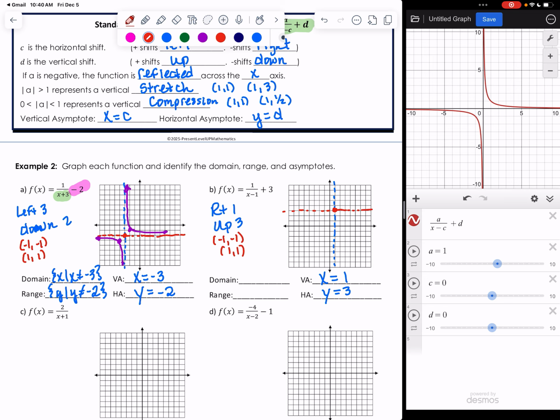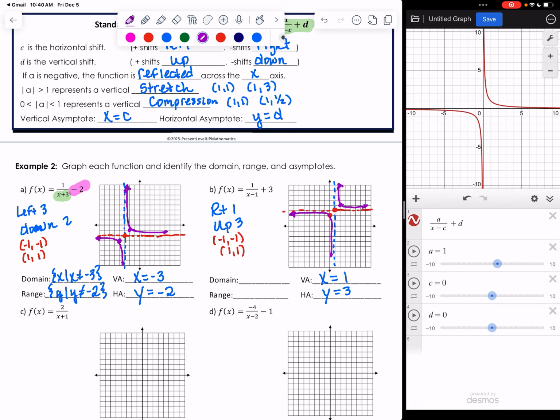So from that new 0, 0, I'll go left 1, down 1, and that's where my new branch is going to curve. So when I curve it, it'll curve towards this vertical line on the right and this horizontal line on the top. Now I'm going to get my other branch. So go back to my new 0, 0 and go right 1, up 1. That's where that branch is going to curve. So it's going to look like that.